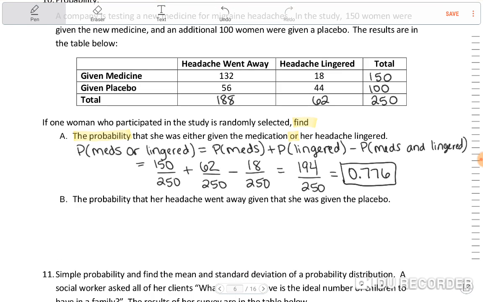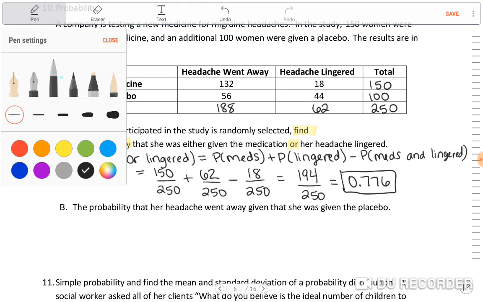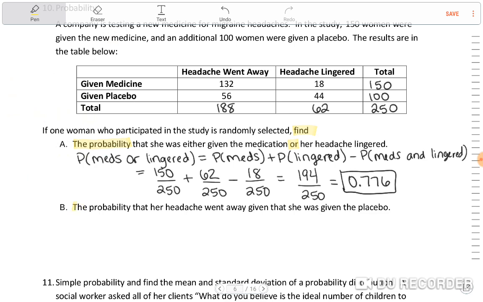Okay, find the probability on the next one here. Find the probability that her headache went away given that she was given the placebo. Okay, I know there's two givens there. I know that can be a little confusing. I believe on your test, it's not going to have the word given twice like this.